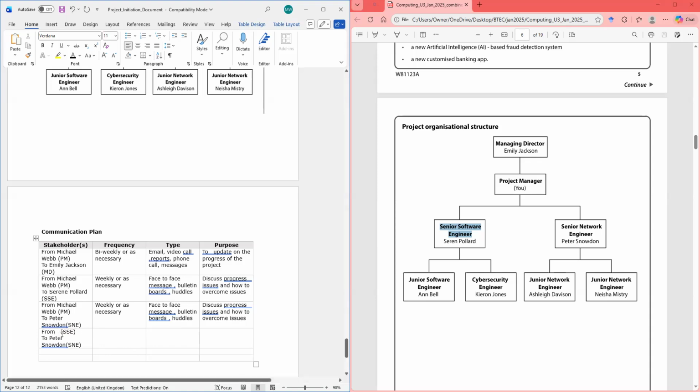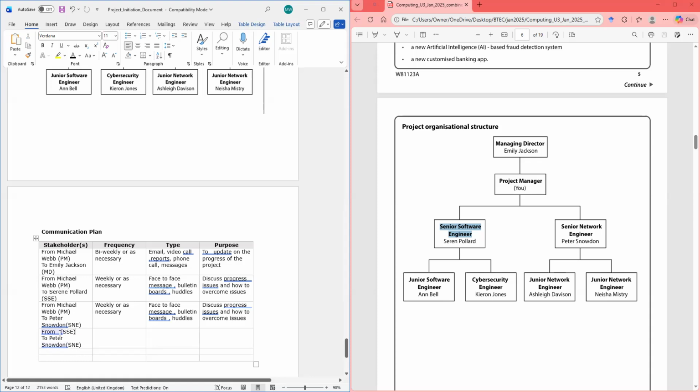So we're going to communicate with, from senior, which would be Serene Pollard. Sorry. So that's a senior network engineer.